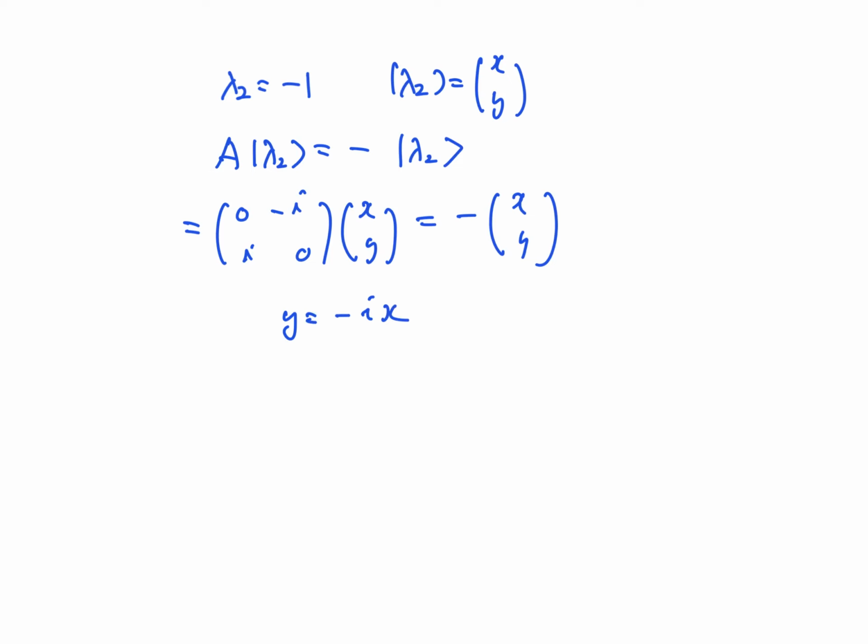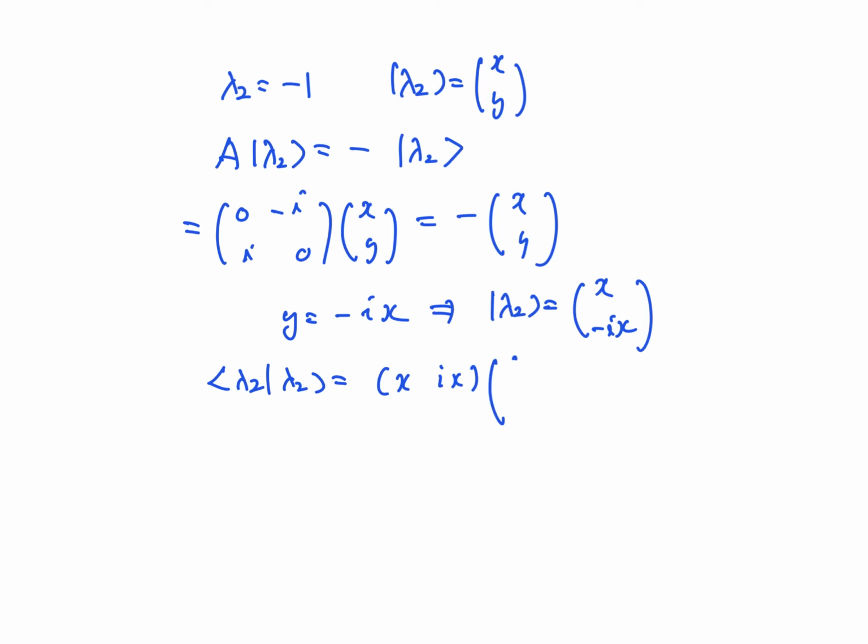So tentatively we can set lambda 2 as x, minus i x, but 2x squared is equal to 1.